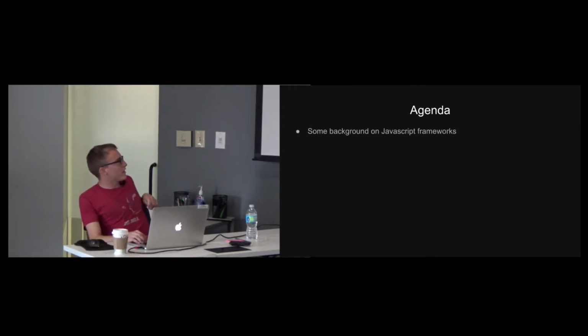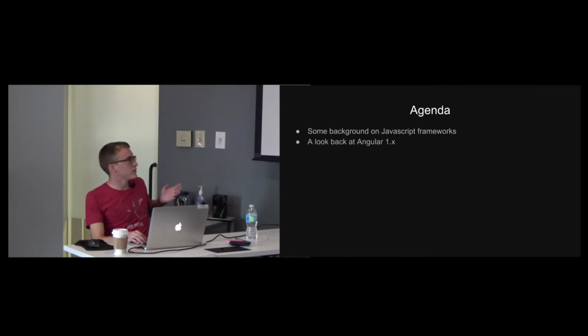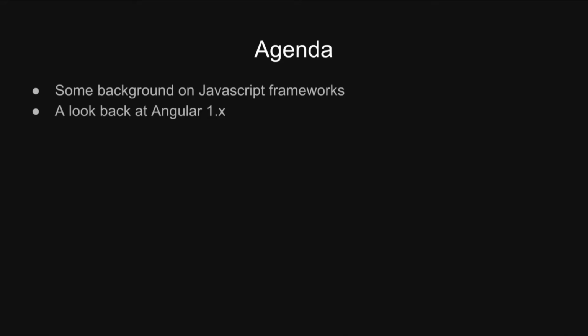So what we're going to talk about today, we're going to go through a little bit of background on JavaScript frameworks. I think that'll be especially beneficial for people who aren't really in this ecosystem. Just a little bit of foundation. We'll look back at Angular 1.x, and when I say 1.x, I'll probably say that a lot. I mean versions 1.3, 1.4, 1.5, the whole first iteration of Angular.